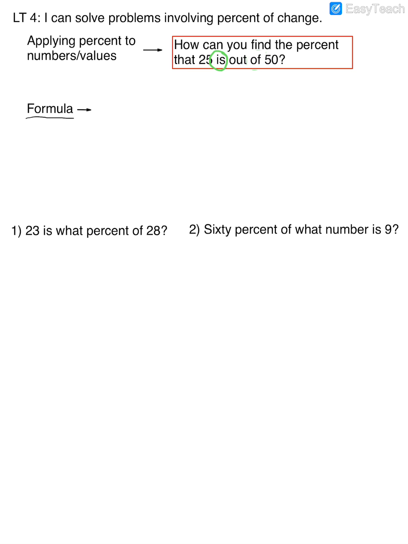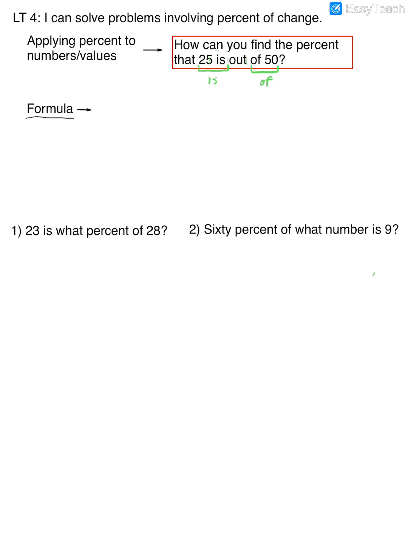So like in this case, 25 is, and of 50 are going to be critical values that we plug in. So I would say that this goes under the is category and the of category respectively. Now, where am I supposed to plug this in, you may ask?